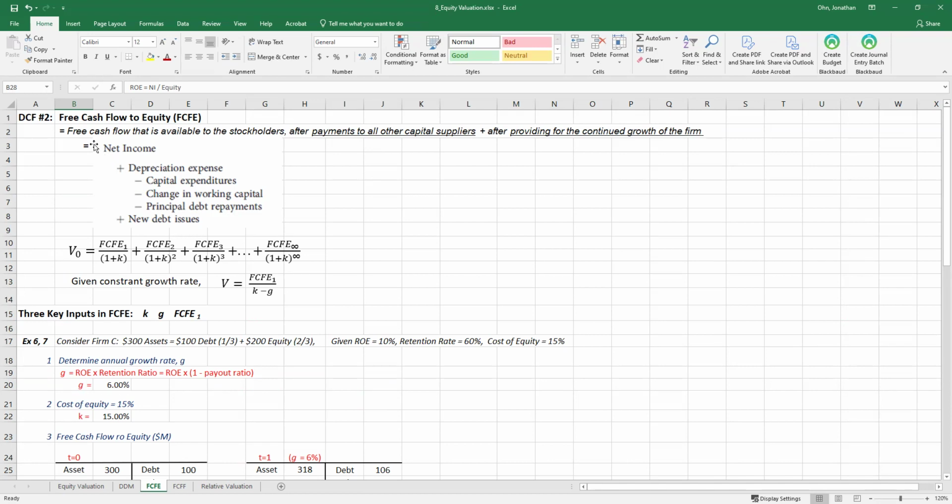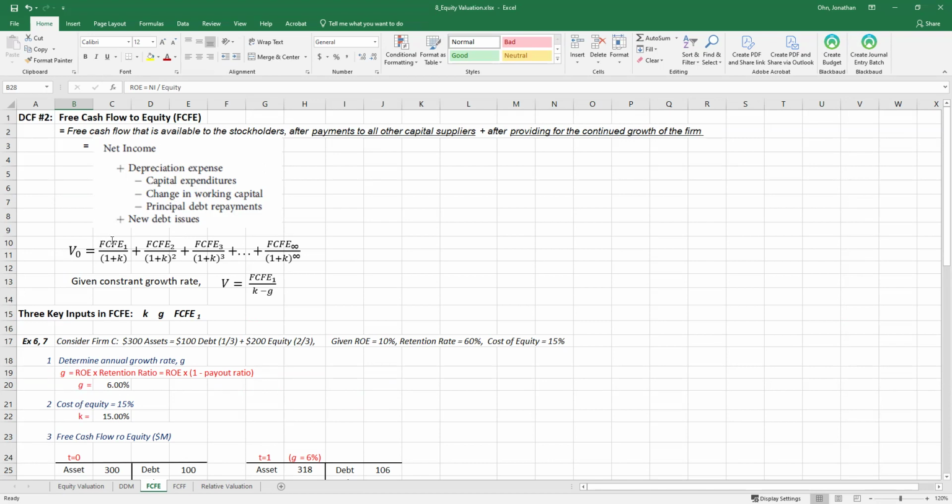So it's net income plus all these cash flows, plus new debt issues. So this is the formula, but in fact, I'll show you how to calculate it, with hints in here.